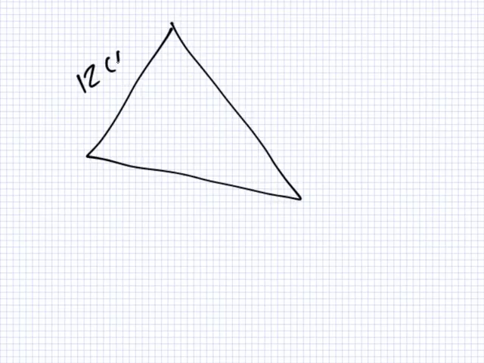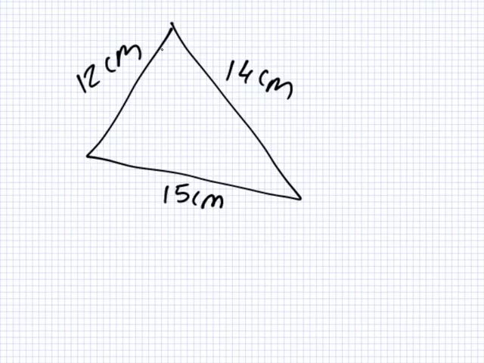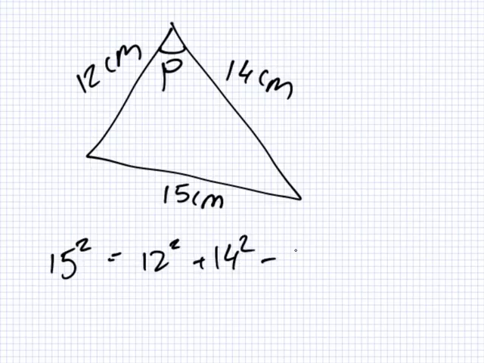We've got a triangle, 12 centimeters, 14 centimeters, 15 centimeters, and first we want to find this angle, P. Yeah, so what rule is this one? Cosine rule. 15 squared equals 12 squared plus 14 squared minus twice 12 by 14. So that's 24 by 14 cos P.